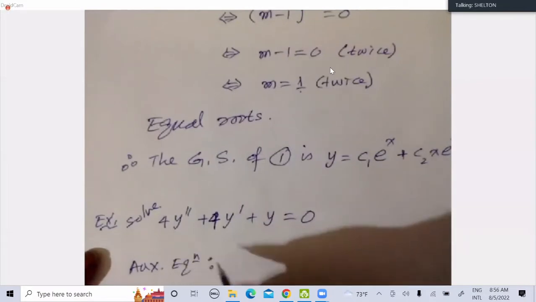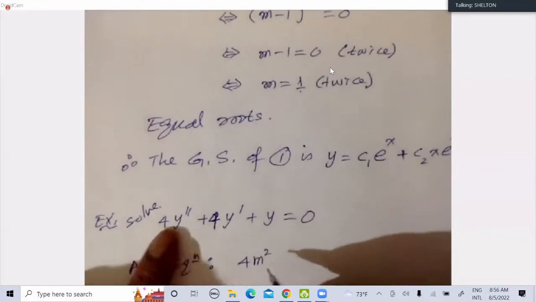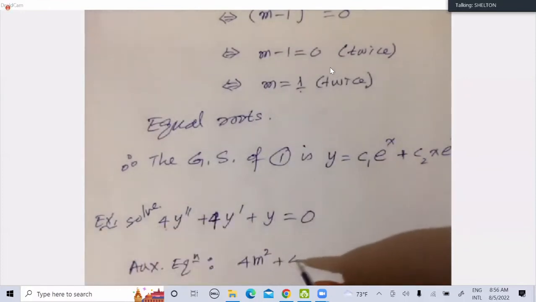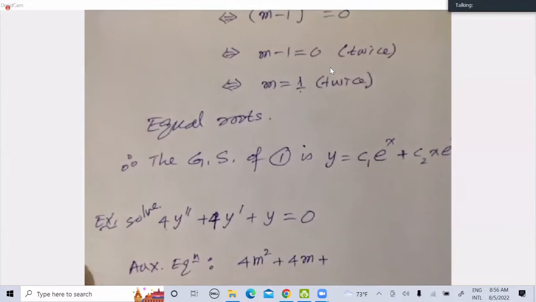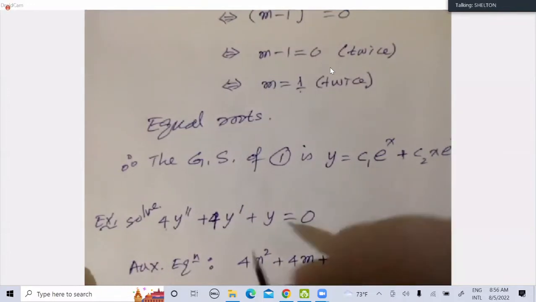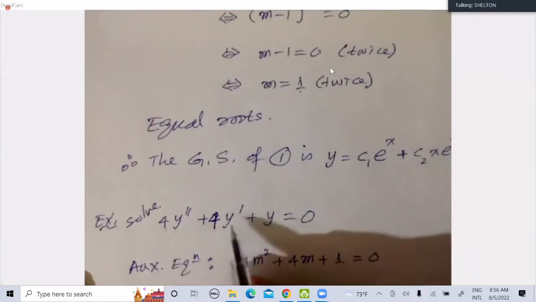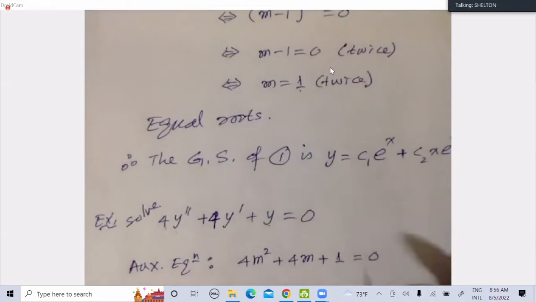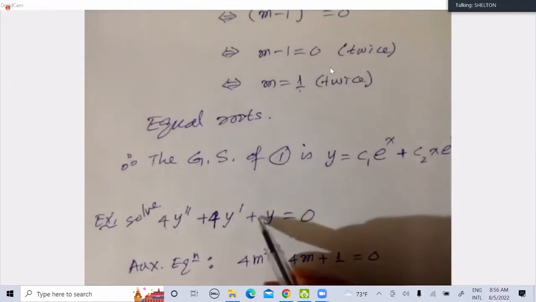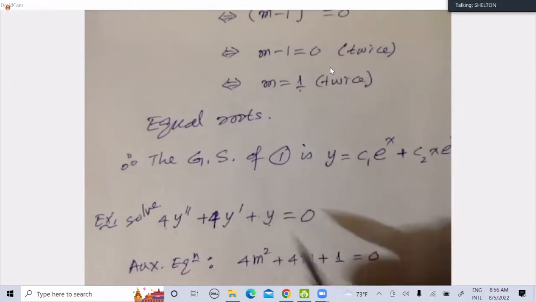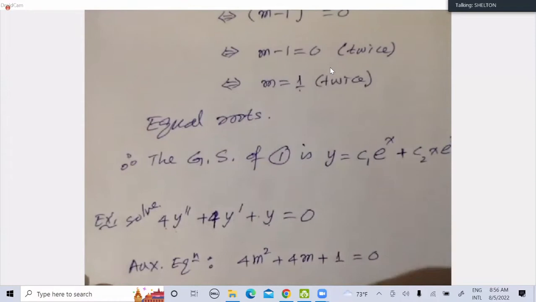The auxiliary equation is 4m squared plus 4m plus 1 equal to 0. Double dash becomes m squared, dash becomes m, and y becomes 1 because it's constant. If it were 5y, then it would be 5. So this is the equation.